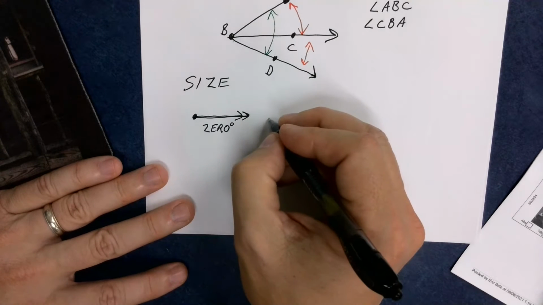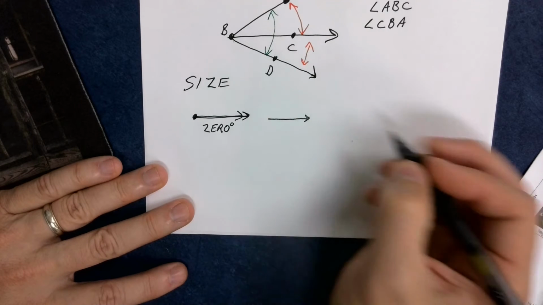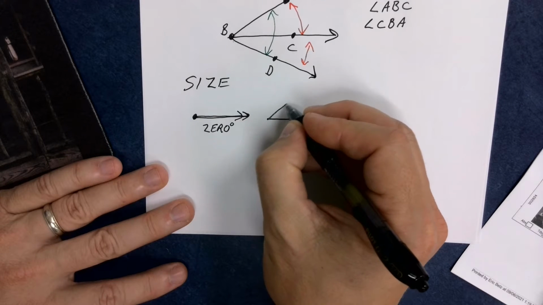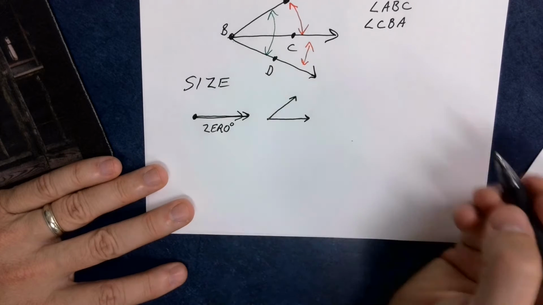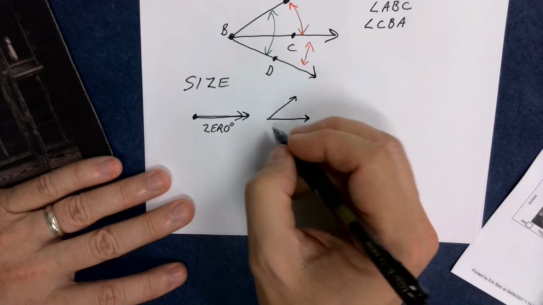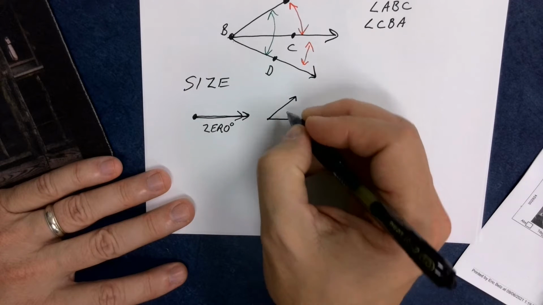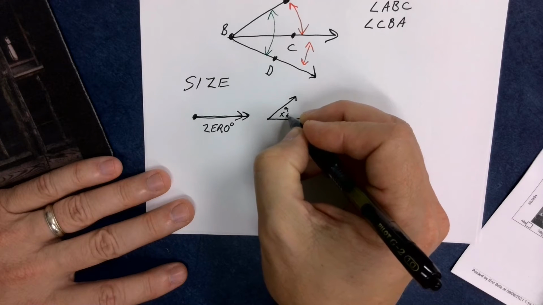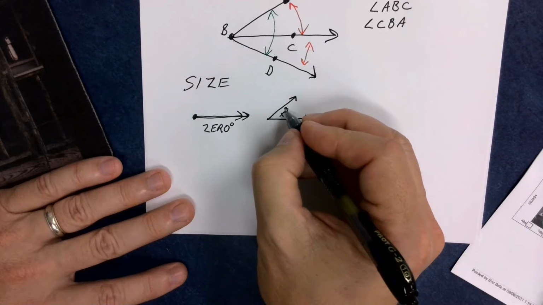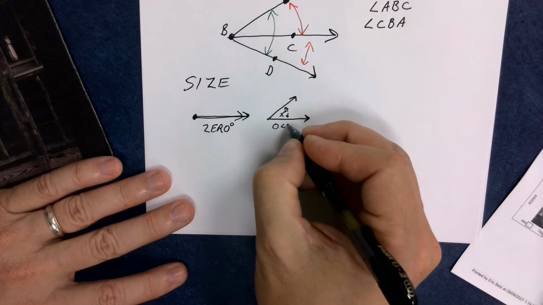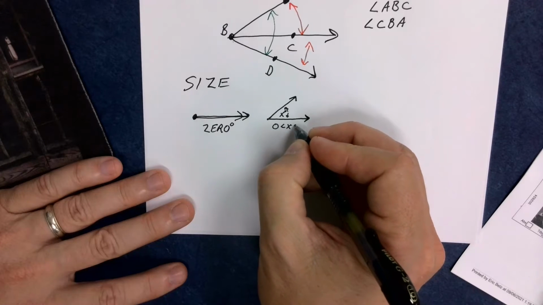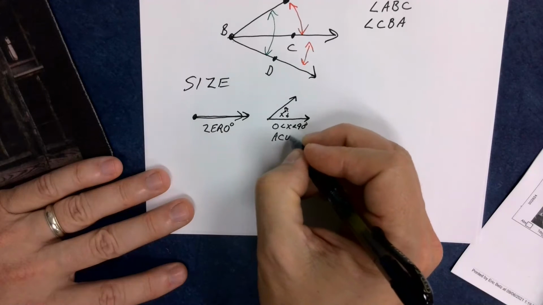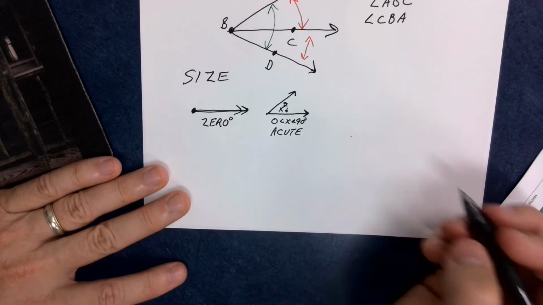If I had a ray going here and another ray that was going up like this, that's less than a right angle, so this opening X that we have right here, this opening in X degrees, so 0 is less than X is less than 90 degrees. That one's called acute. And again, I think you've heard these terms before.